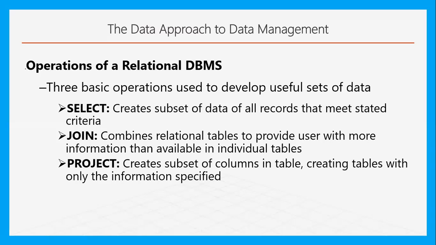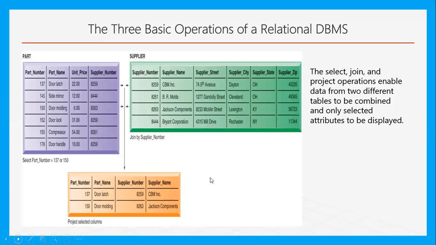Project, create subset of columns in table, creating tables with only the information specified. So this is the three basic operations of a relational DBMS. The select, join, and project operation enable data from two different tables to be combined and only selected attributes to be displayed. So ito po yung three basics ng operation of a relational DBMS.